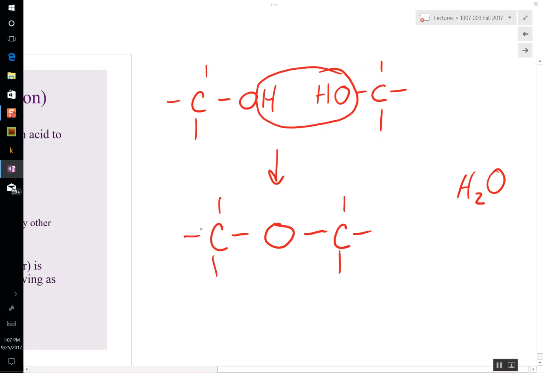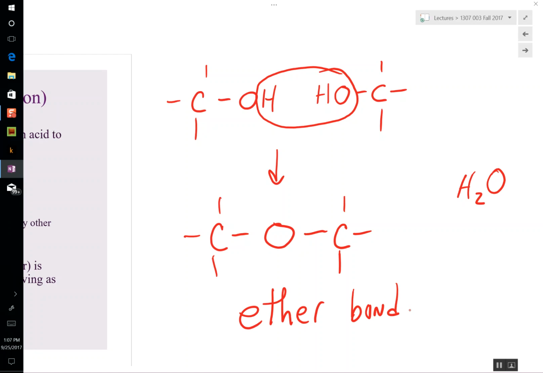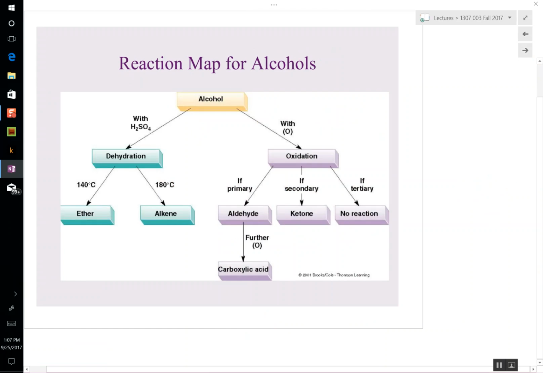So where we had a hydroxyl on both molecules, we've now linked them together through a carbon-oxygen-carbon bond, which is an ether. This is the ether bond or ether linkage. That's the ether functionality. The very first day, chapter 10, where they listed all the functional groups, this would have been one of them. Carbon, oxygen, carbon is an ether. Okay, we'll come back to this in a minute.